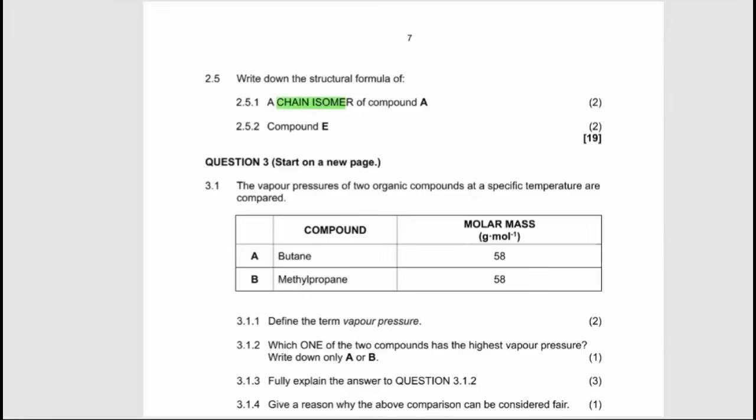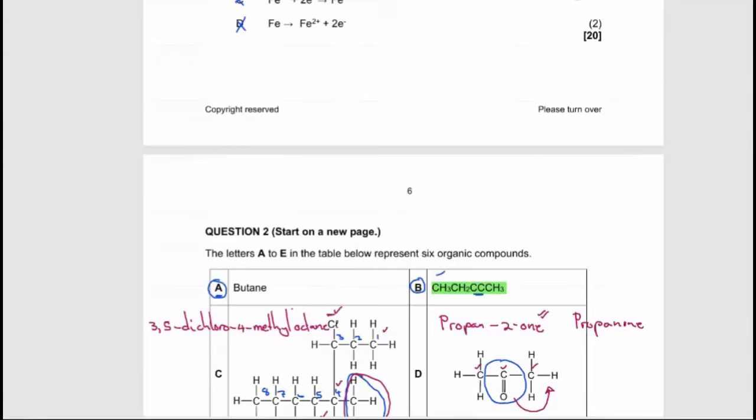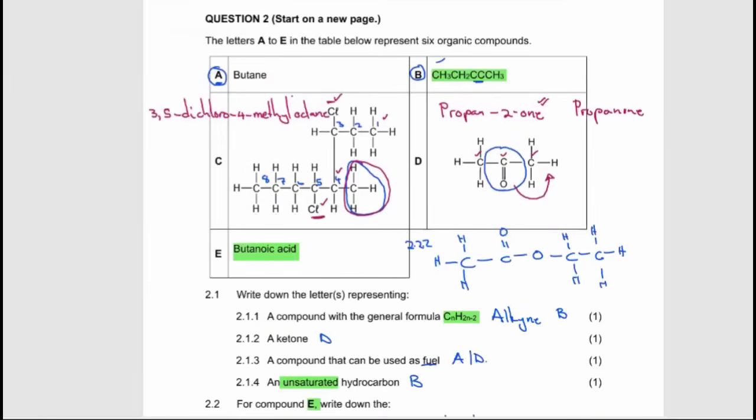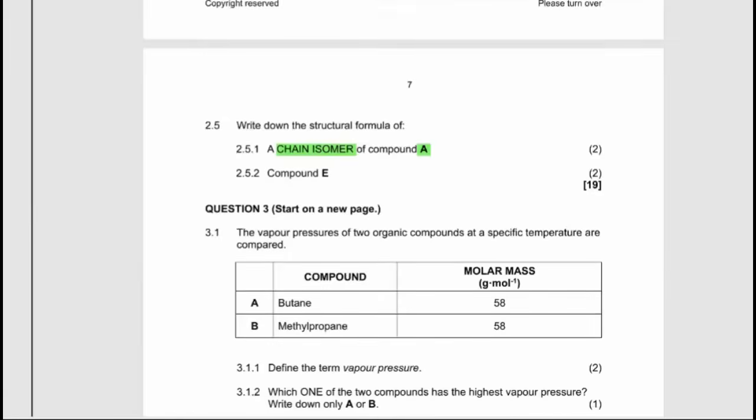Then we proceed to question 2.5, which is write down the structural formula of a chain isomer. So we're looking for a chain isomer of compound A. First we look at structure A, which is butane. So let's scroll down to this part. Here is the original butane, and now we're looking for the chain isomer of this. Remember, same molecular formula, but different chain. So now the longest chain, I'm going to change to 1, 2, 3, and put my other carbon on this side.